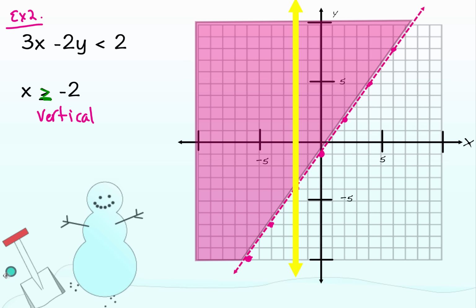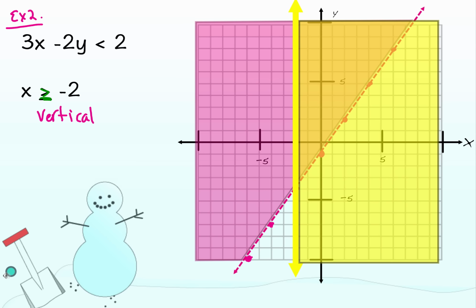All right, so I'm going to take my same little shortcut that I did over here for shading, and I'm going to do my last thing as always, and I'm going to label my lines. X is greater than or equal to -2 was this one. And this one, it doesn't matter if you put the original or you converted one on.